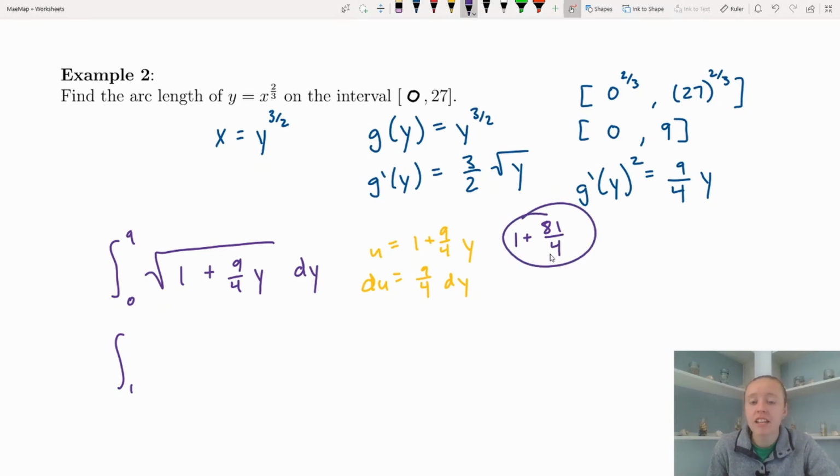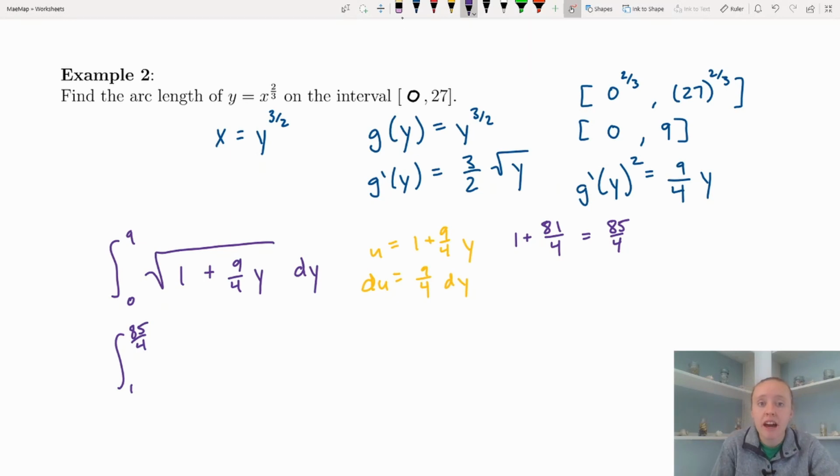I can simplify this down, combining with a common denominator. 1 is the same as 4/4. So this is really going to be 85/4 that I'm plugging in. So now that I have my bounds in terms of u, I don't ever need to switch back to y. I'll finish out solving this problem with respect to u.